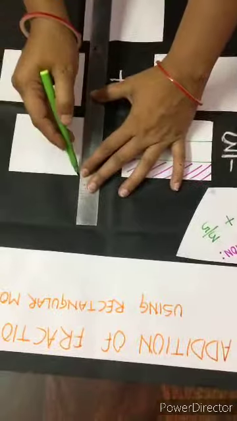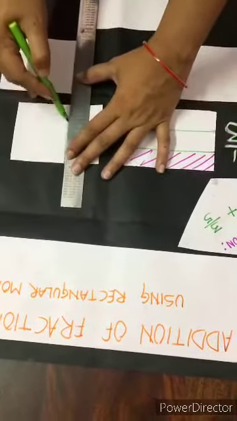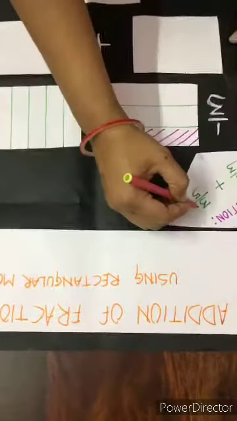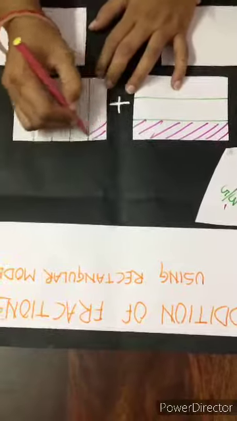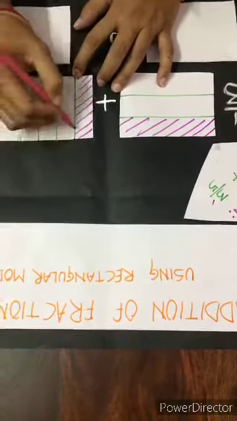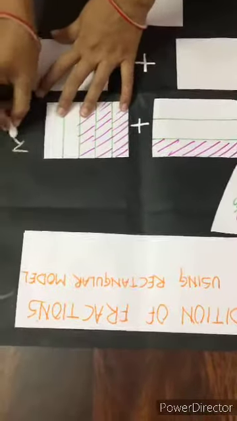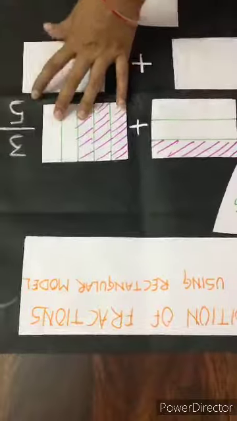So let me divide this rectangle in 5 equal parts. 3, 4 and 5. And how many parts I have to shade? I have to shade 3 parts. 1, 2, 3. Okay. So this shaded portion represents 3 out of 5.